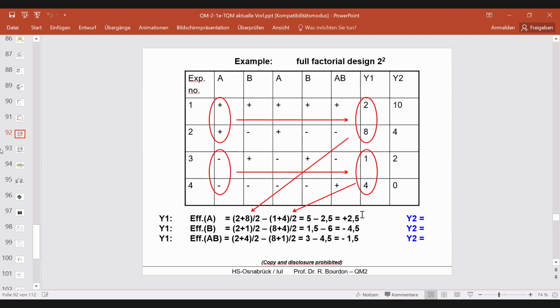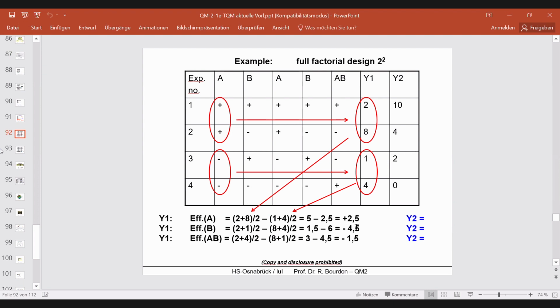Exactly the same you do with the calculation of the effect of B. You take experiments 1 and 3, because at 1 and 3, B is on plus, and then you take experimental runs 2 and 4, because B is on minus, and then you do the same calculation.